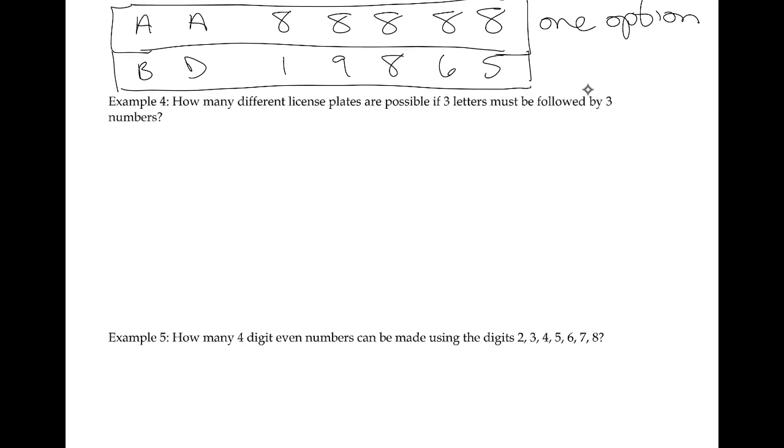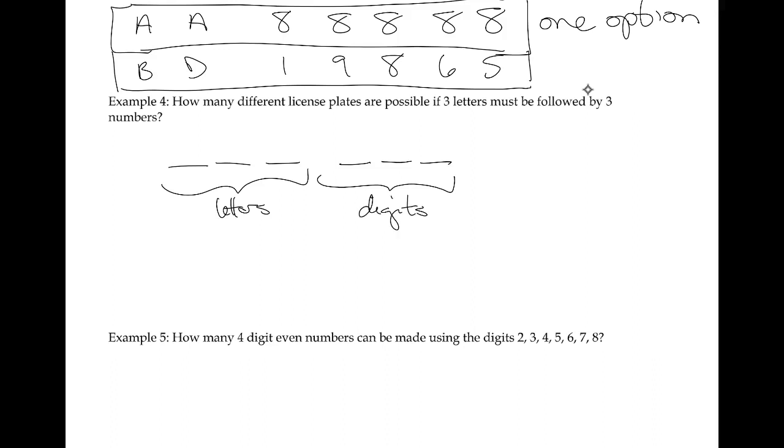So we see that again in example 4, where we have how many different license plates are possible if 3 letters must be followed by 3 numbers. So again, 3 letters must be followed by 3 numbers. So the typical friendly Manitoba license plate. So each letter, again, we can have repeating letters in our license plates. That's entirely possible.